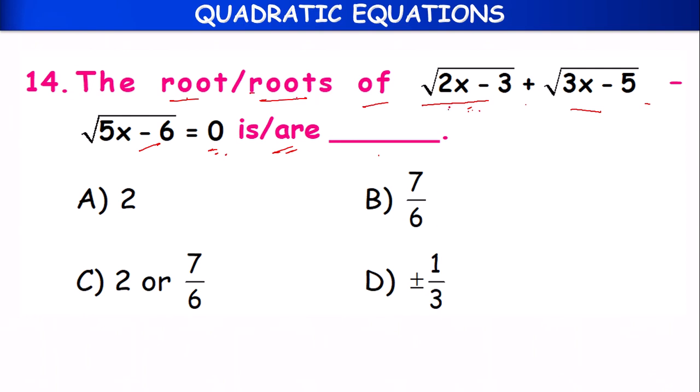But in the given equation, the terms are inside the square root symbol, inside the radical sign. So first we have to square on all the sides so that we can remove the square root.